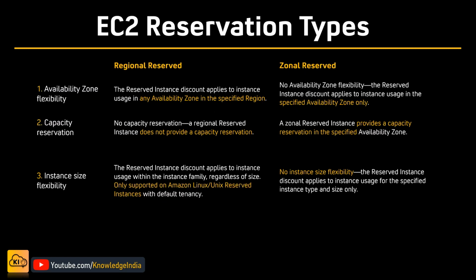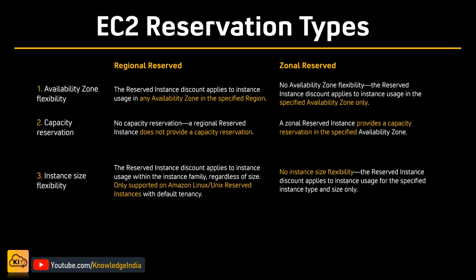The next thing is the difference between regional reservation and zonal reservation, and you will see all of this with a demo in a minute. In case of regional reservation, the reservation is done at the region level. You are not choosing a particular availability zone. Whereas in the zonal reserved, you actually specify an availability zone. So what does that mean?